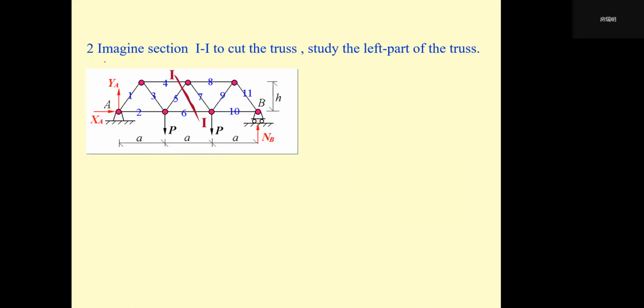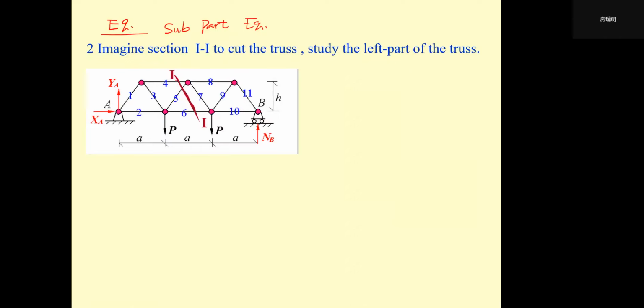So I think the basic principle is this: if the whole part is in equilibrium, then any subpart should also be in the condition of equilibrium. So that's the principle of the so-called method of sections.